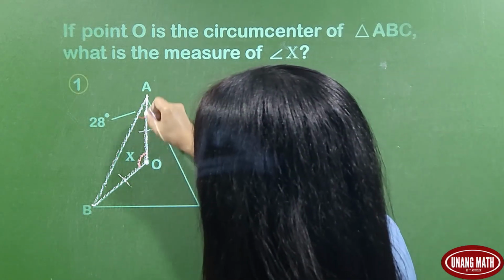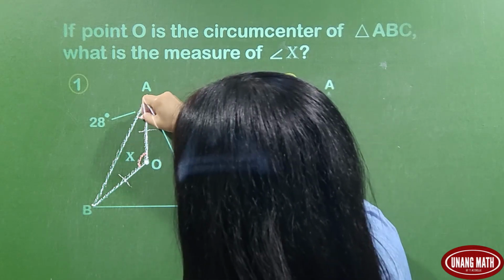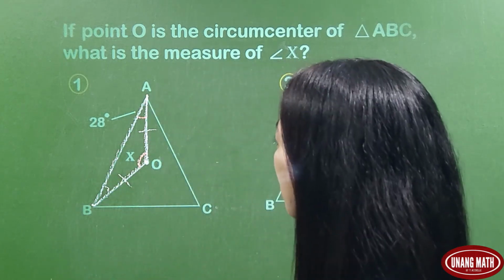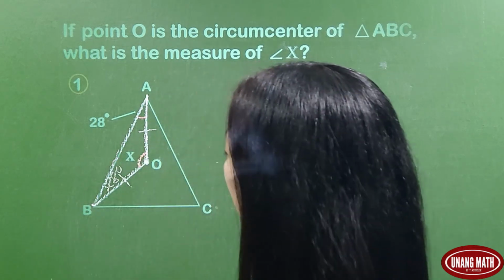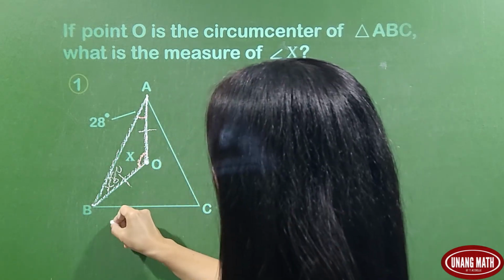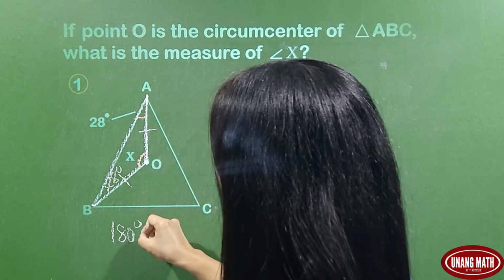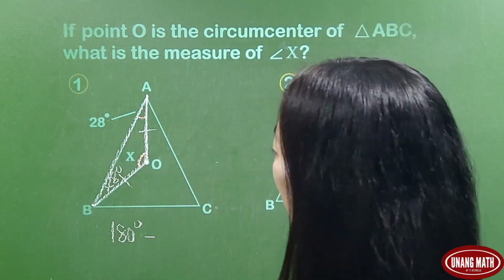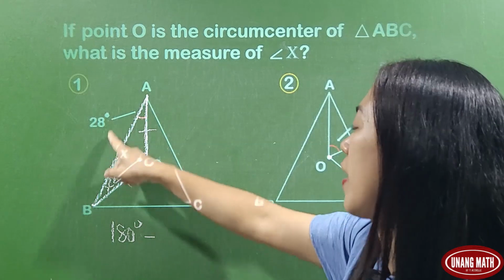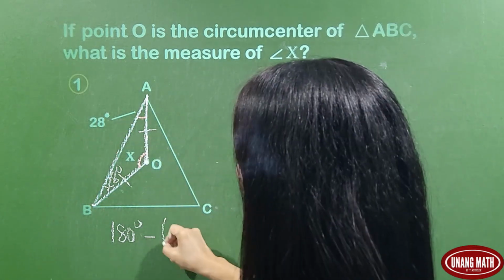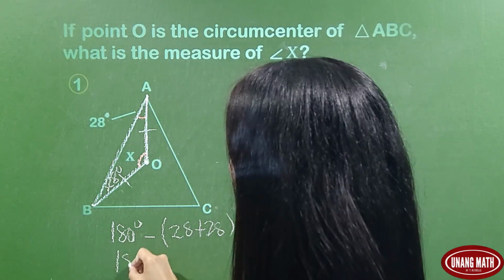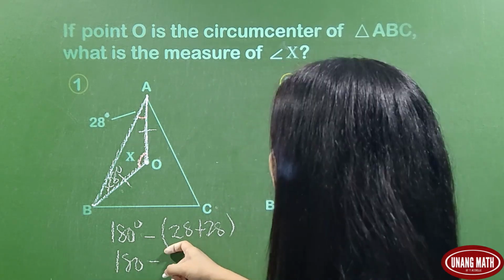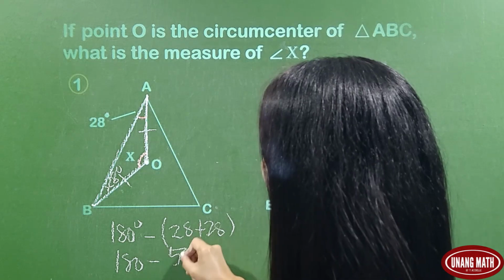If these two sides are equal, then these two angles are also equal. So if this is 28 degrees, this is also 28 degrees. To find angle X, 180 degrees minus the sum of 28 and 28. 28 plus 28 is 56.